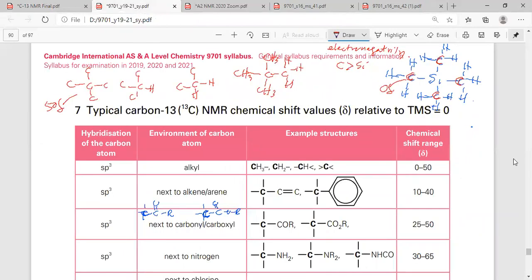Now for this case, your TMS, the carbon here will have the most electrons around it. Remember it's bonded to hydrogen, and there are 4 of them, and because silicon is lower in electronegativity than carbon, it doesn't take any of these electrons.